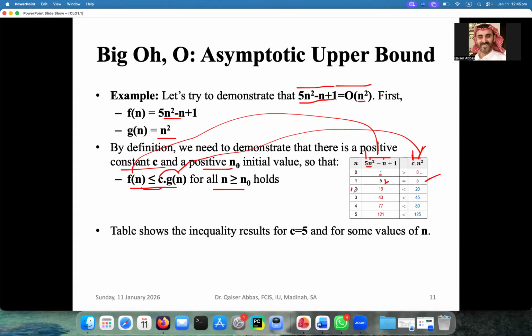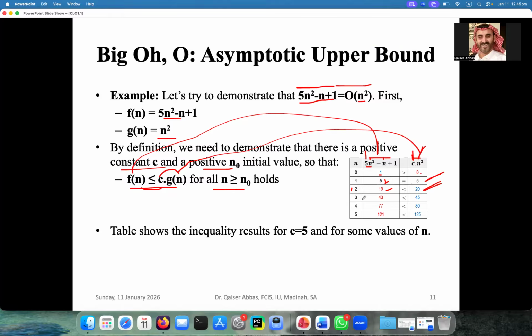If I take n is equal to 2, this is your input size. Then 2 square is 4, 4 times 5 is 20, and on the other side 20 minus 2 is 18, plus 1 is 19. So 19 is less than 20, which is what I want.